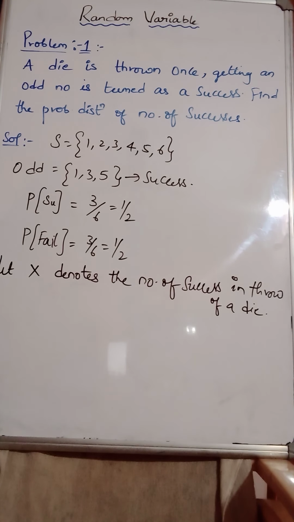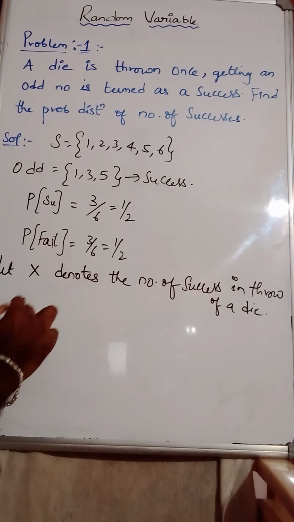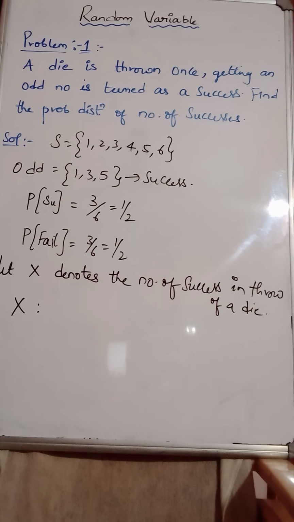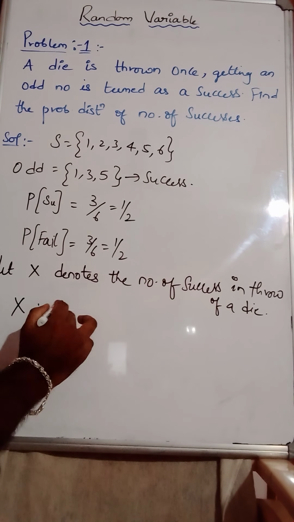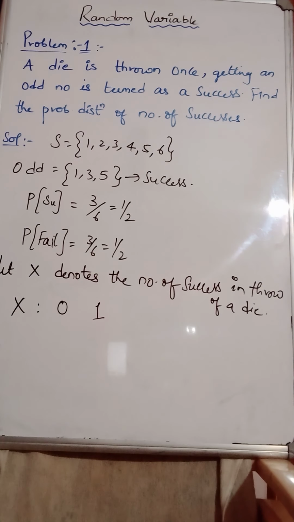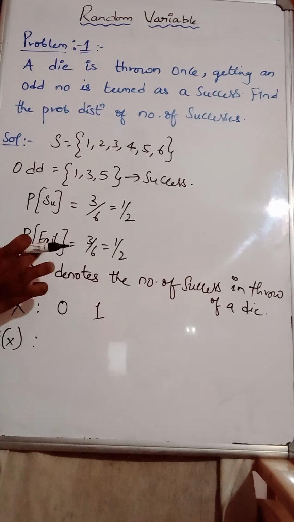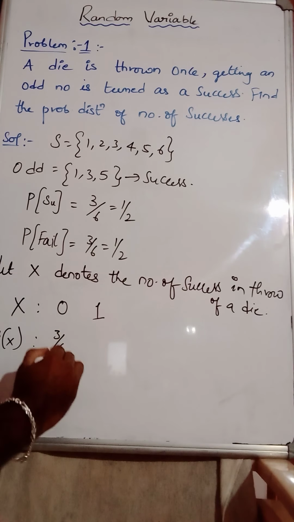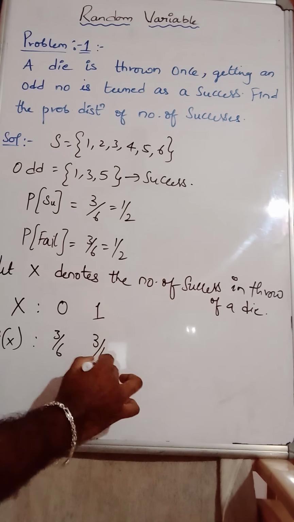And then what are the real values? Tell me, what are the real values? Failure, take it as 0. Success, take it as 1. Then probability of X: failure means what it is? 3 by 6. Success is also 3 by 6.